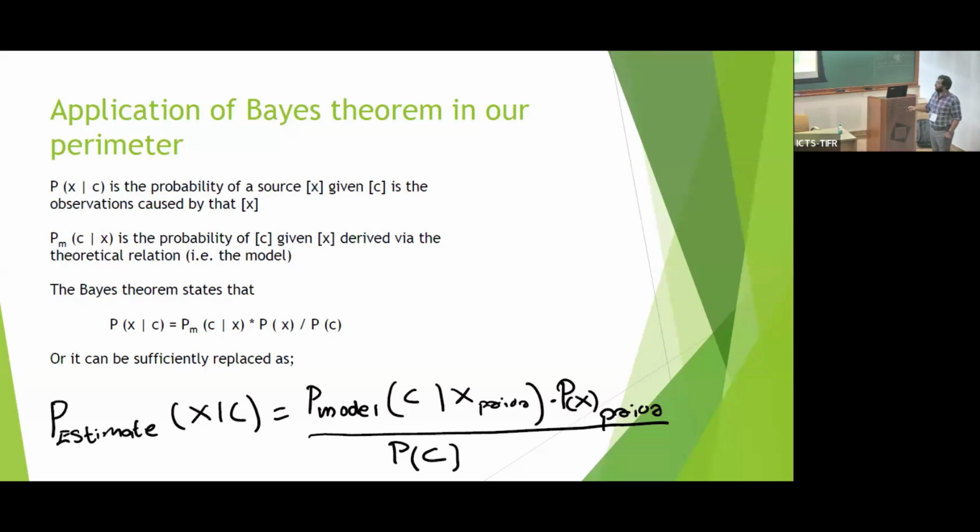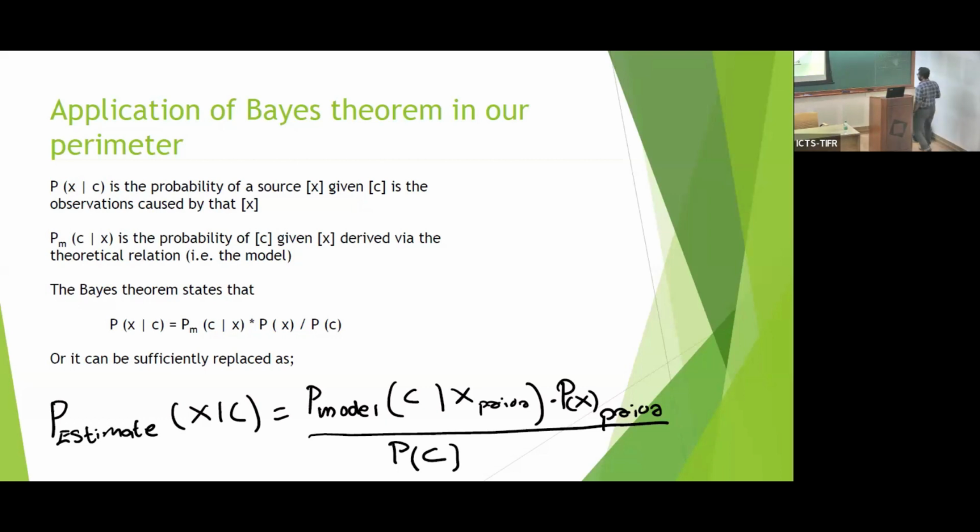Then how we can connect them in Bayes theorem is this. So this is how the Bayes theorem comes into any inversion problem, okay. This is a Gaussian, under the Gaussian assumption, we have already had discussion about that. So the estimate of X will be the model multiplied by the probability of this. So this is how the Bayes theorem comes into our context.